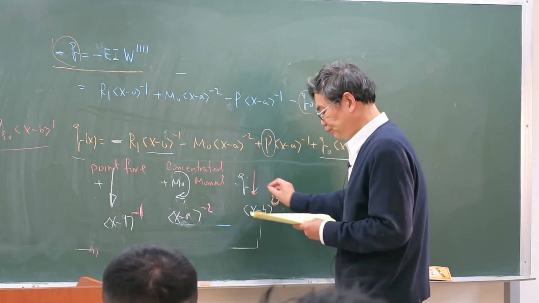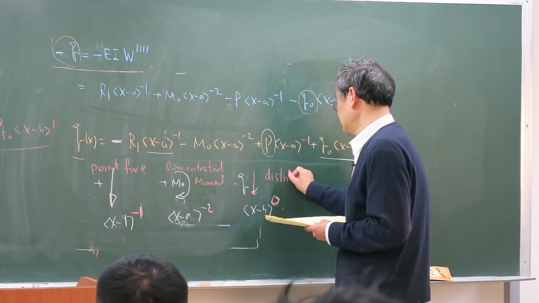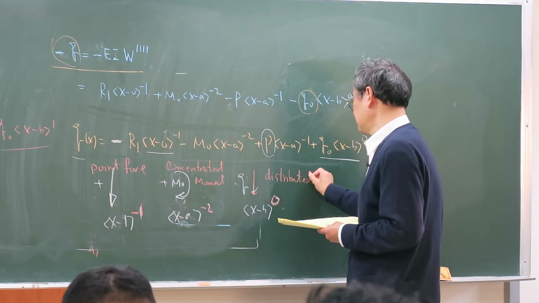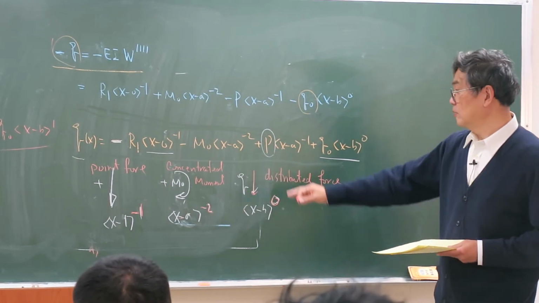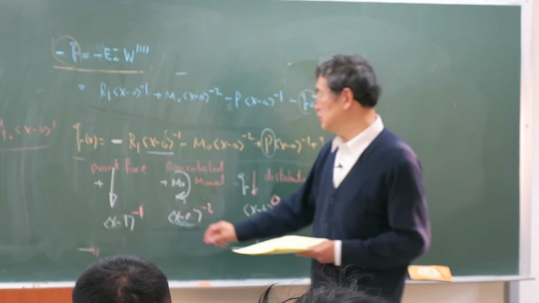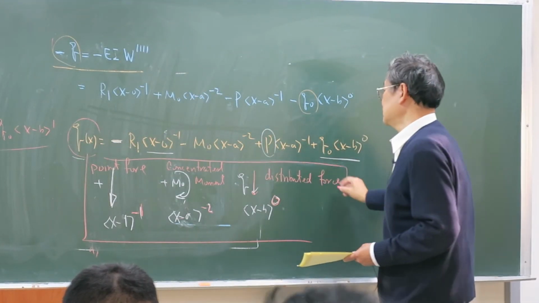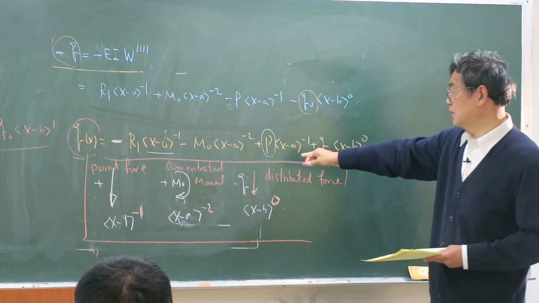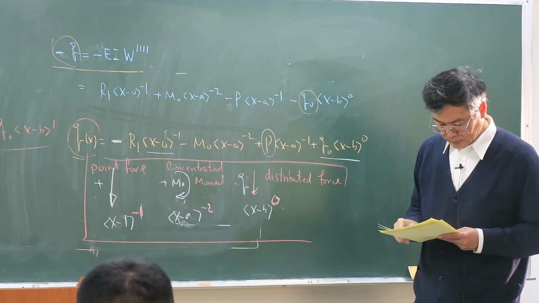And for the distributed force, it will be 0. For the Q, it's matching the dimension of the Q loading. So just from the example you can see this correspondence, the order-dimension correspondence.